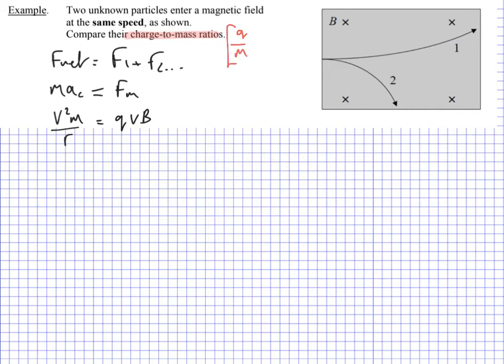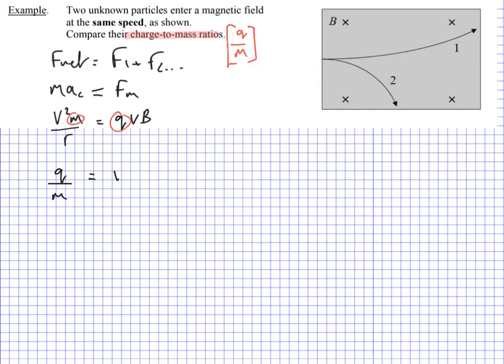That's the charge to mass ratio. And hopefully you can see that we have these values in this statement. So it's just a case of rearranging it to solve for q over m. Let's go ahead and do that. So solving for q over m, well, that's going to be q over m, just like this.